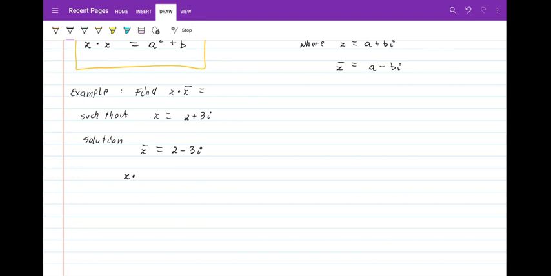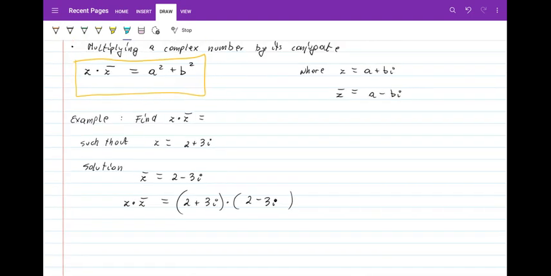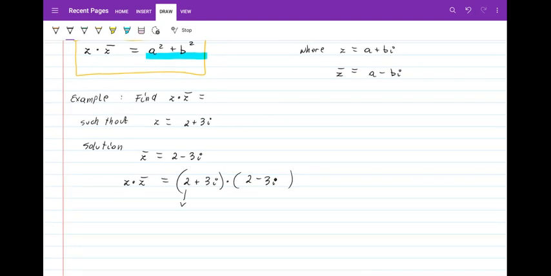So we have z times the conjugate: 2 plus 3i times 2 minus 3i. Since you have a complex number times its conjugate, go ahead and use that formula, a squared plus b squared. a is the real part, b is the imaginary part. So we have 2 to the second power plus 3 to the second power, and that will give us 4 plus 9, which is 13.